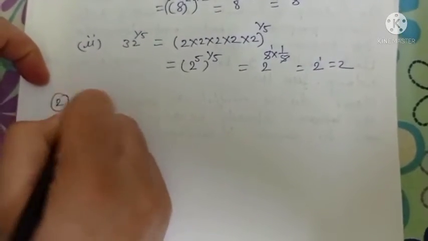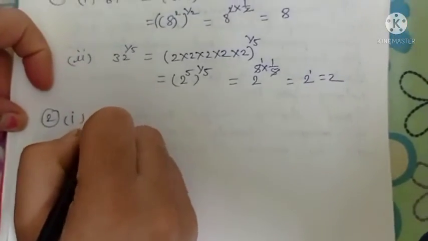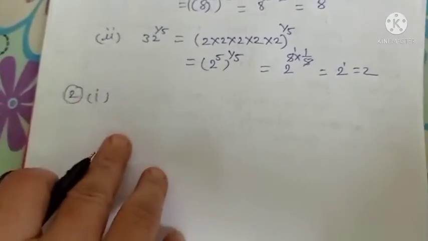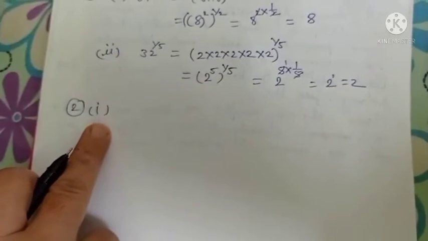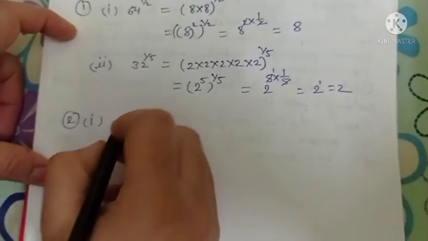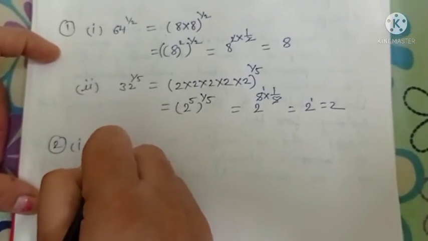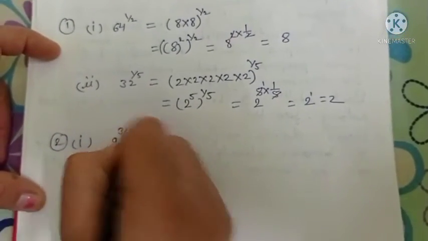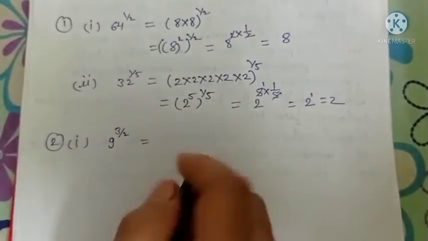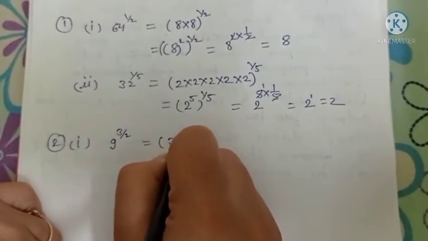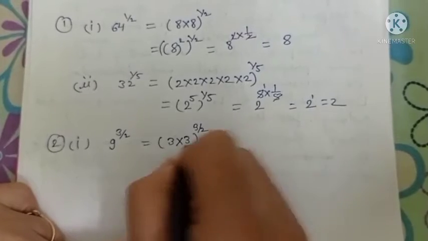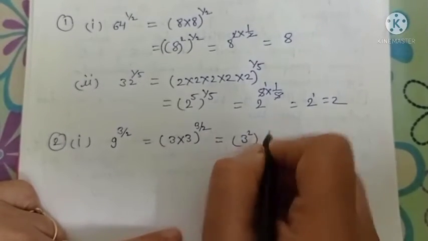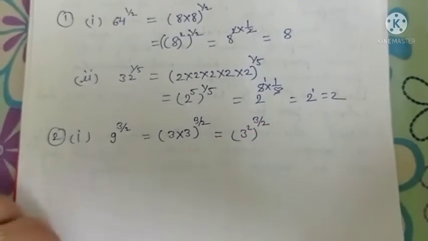Come to the second question. The first part of the second question is 9 to the power 3 upon 2, and we can write 9 as 3 into 3, to power 3 upon 2, and 3 square power 3 upon 2.